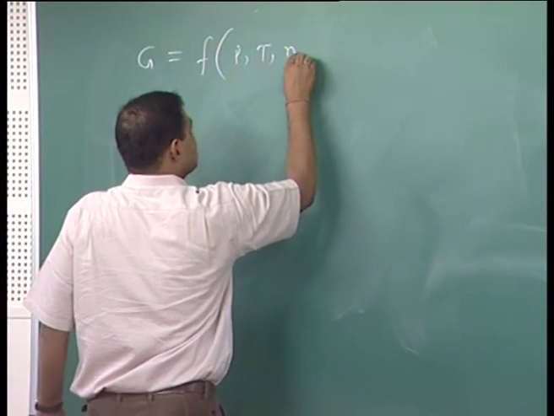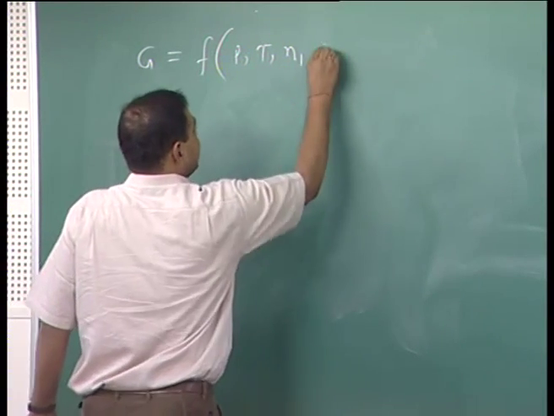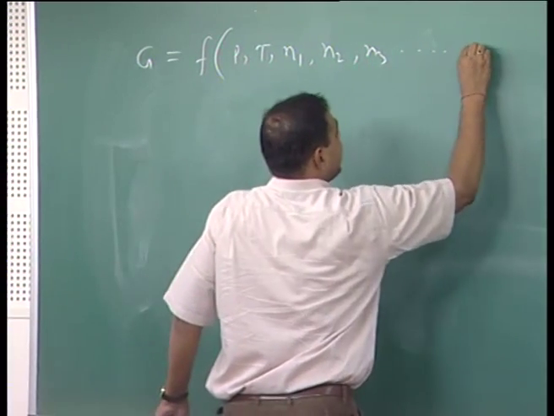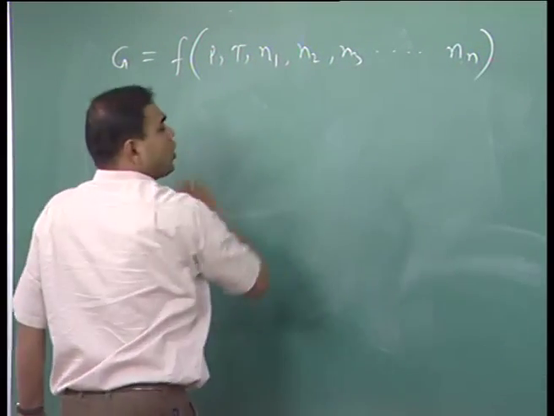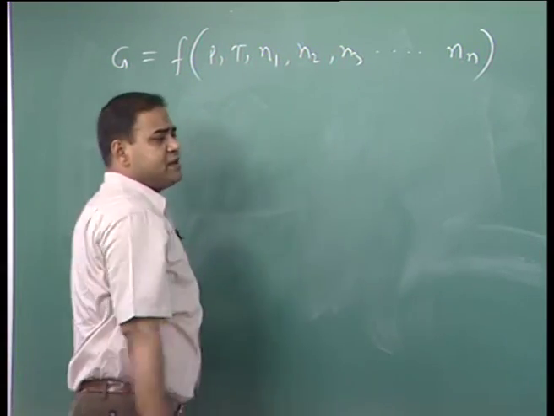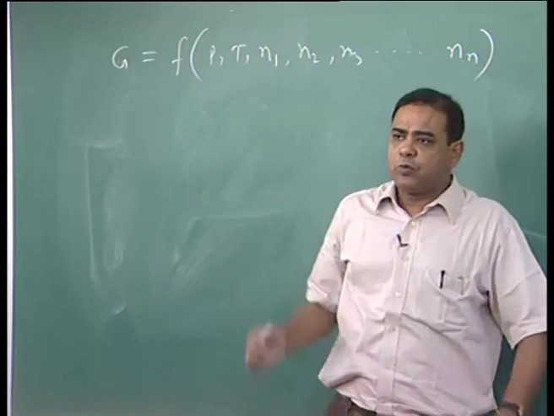So it is also related to, let us say, N1, N2, N3 up to Nn. These are the components, 1 to n are the components, and N is the number of moles of those components in the system.